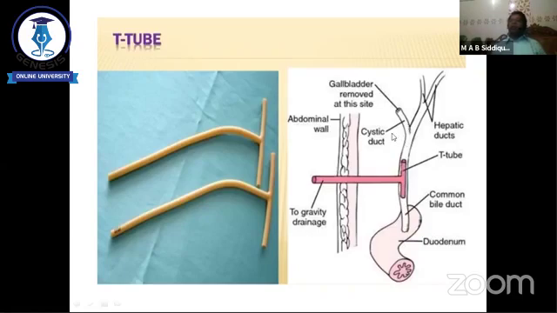So when we remove this, there is no negative shadow, the patient is clinically good, there is no jaundice and no pain, and with free flow of bile in the duodenum, that indicates there is no stone in the CBD, and we can remove the T-tube.